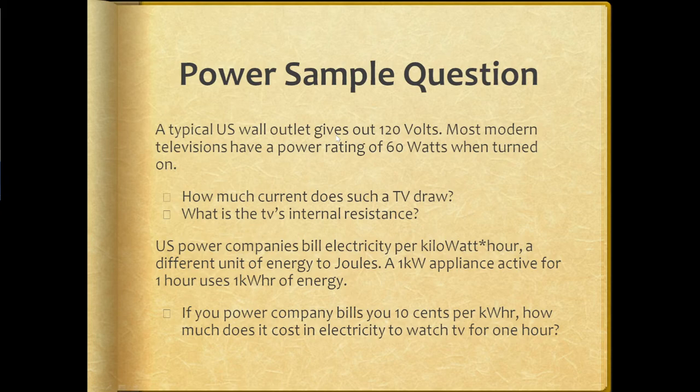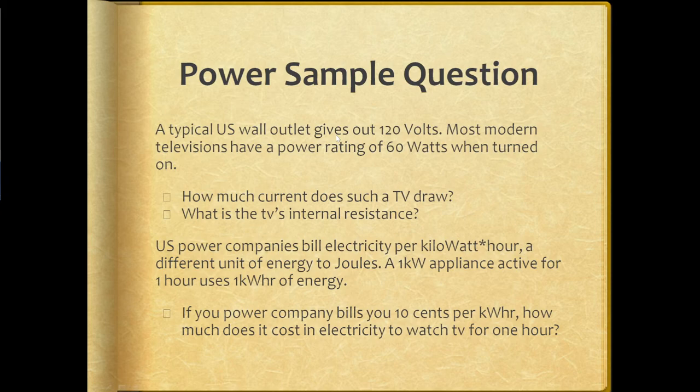Most modern televisions have a power rating of 60 watts when turned on. First things we're going to calculate are how much current does such a TV draw, and what would that particular TV's internal resistance be?